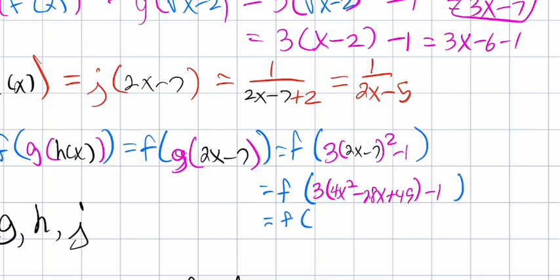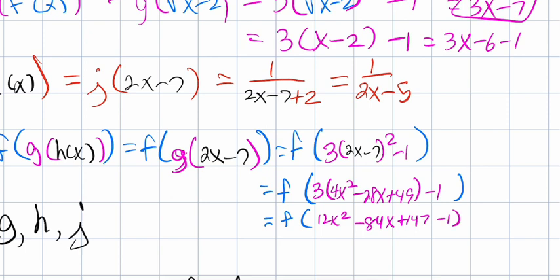The f I don't even care about right now. And when I distribute the 3, I get 12x squared. And then 3 times negative 28 is negative 84. And then 49 times 3 is 147.